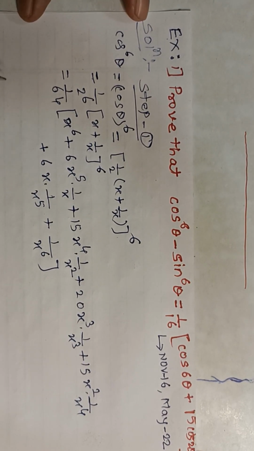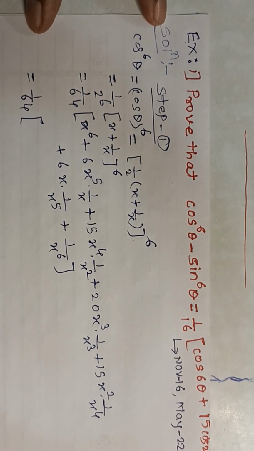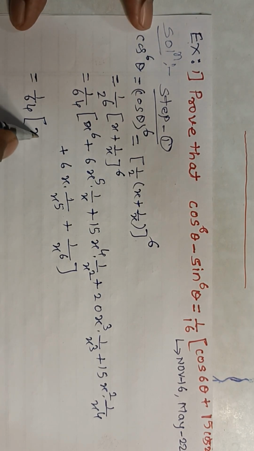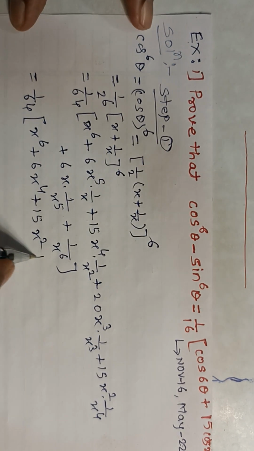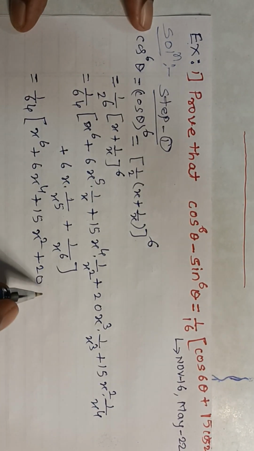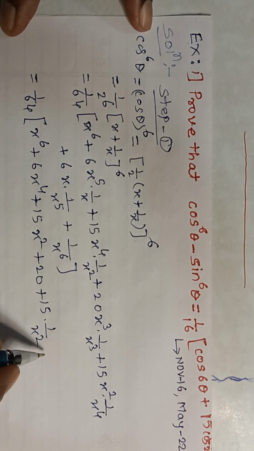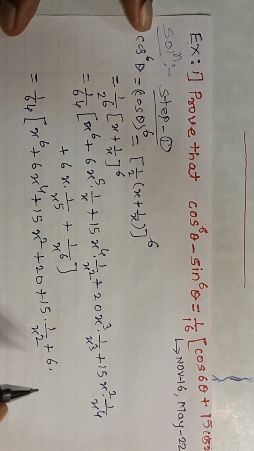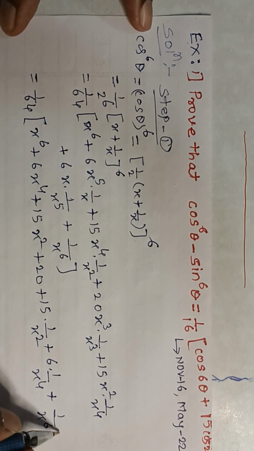Let us simplify this. This is equal to 1 upon 64 into x to the power 6 plus 6 times x to the power 4 plus 15 times x square plus 20 plus 15 times 1 upon x square plus 6 times 1 upon x to the power 4 plus 1 upon x to the power 6.